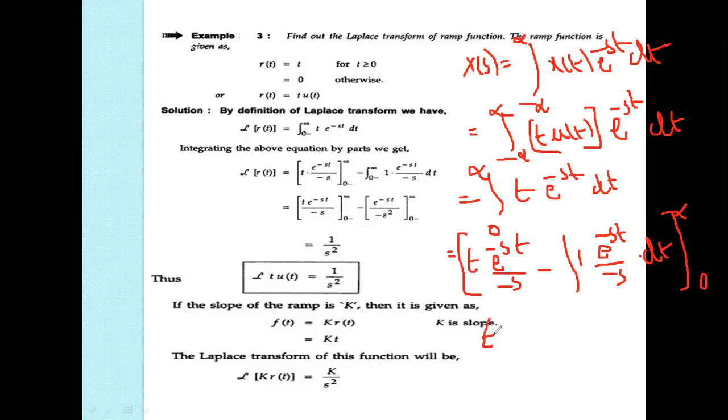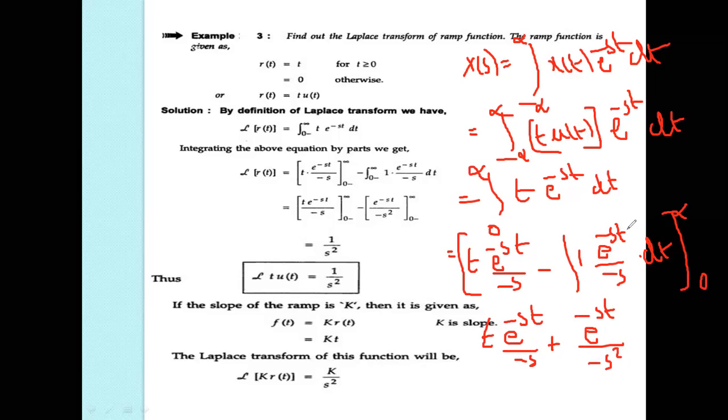Again that is t e power minus st by minus s. Apply that, again the integral of e power minus st. So minus into minus is a plus, e power minus st by minus s, again we get s into s is s square, minus s square.